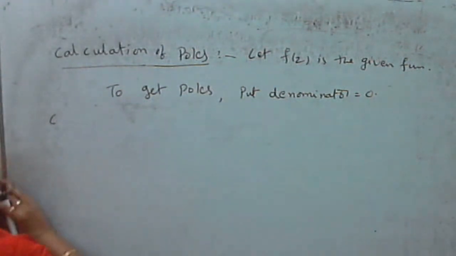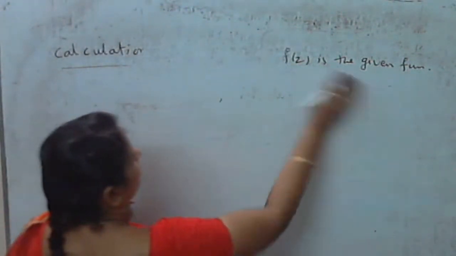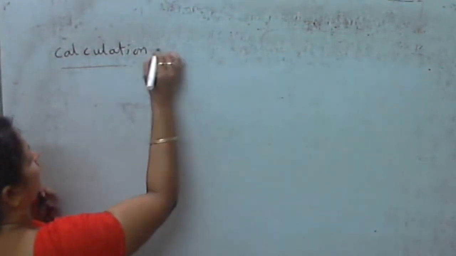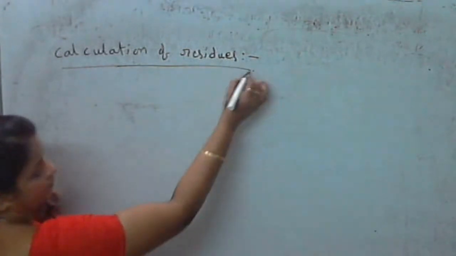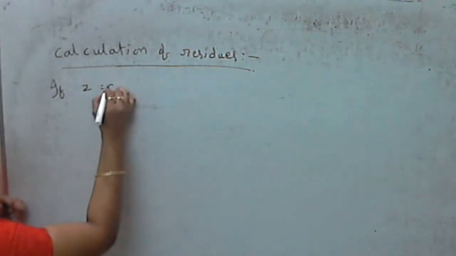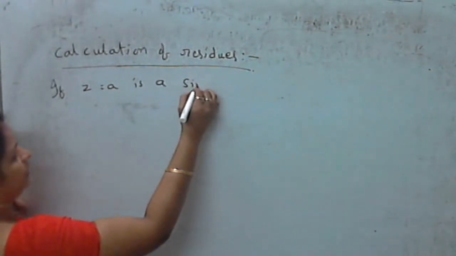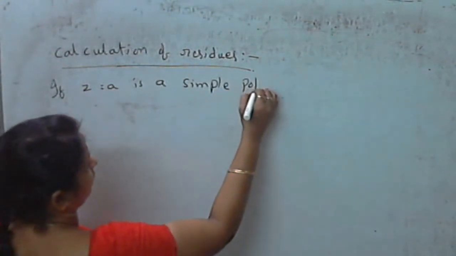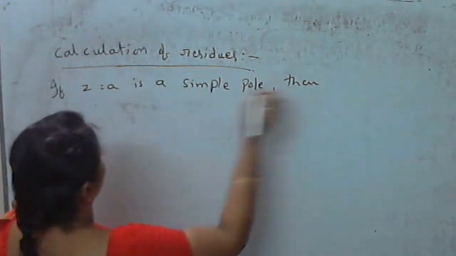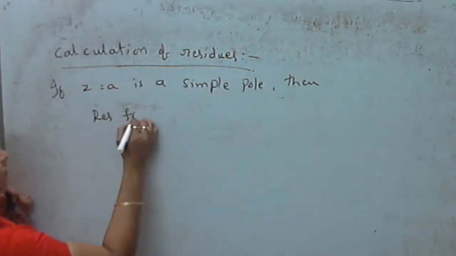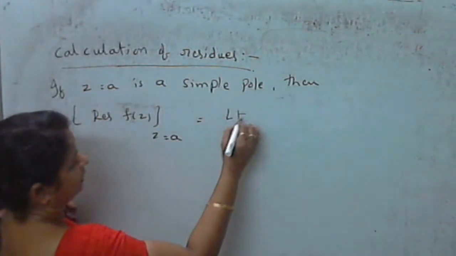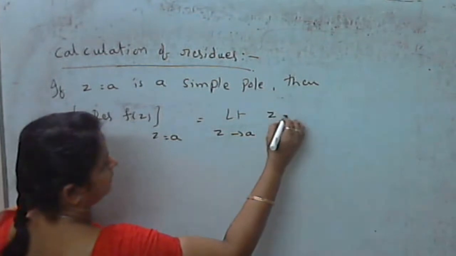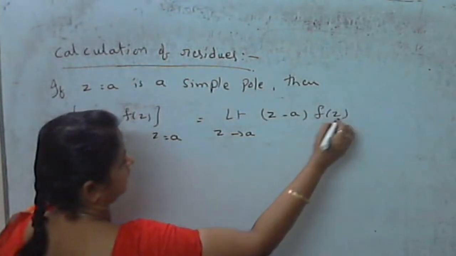Next, calculation of residues. If z equals a is a simple pole, then the residue of f(z) at z equals a is equal to the limit as z tends to a of (z minus a) into f(z).